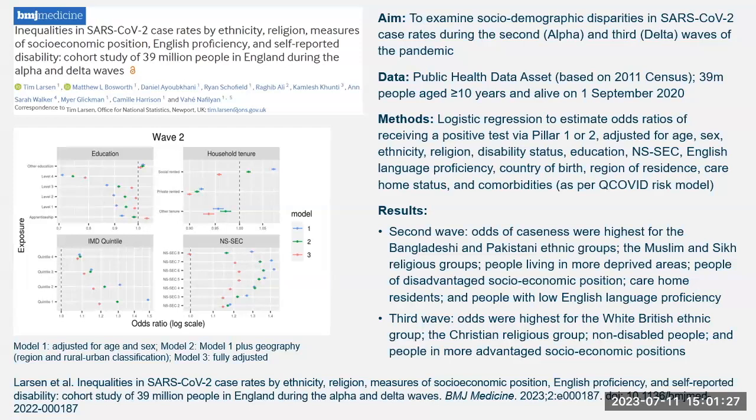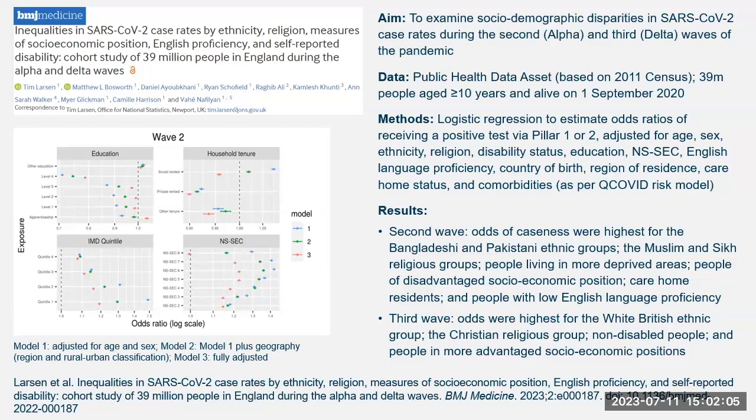This is a data set of about 40 million people, and we calculated crude and fully adjusted rates and odds ratios of having a positive test in Pillar 1 or Pillar 2 testing across a number of different characteristics, and these models were adjusted for lots of things on the census, so age, sex, ethnicity, religion, measures of deprivation, area of residence, community establishment, and so on, and also a range of comorbidities derived from the primary care data, which were taken from the Q-COVID risk prediction algorithm, which I'm going to touch on in just another slide or two.